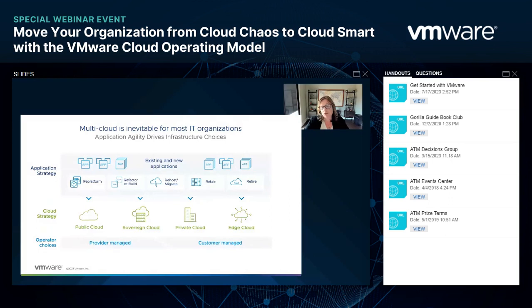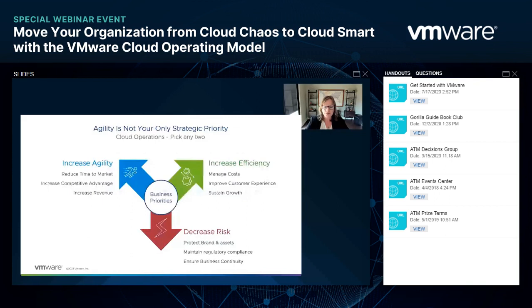Some of them you're just going to want to migrate as is, lift and shift essentially. Some will just stay as they are until they die on the vine, and some will be retired or moved into a SaaS solution. So you're going to have a variety of different solutions and strategies for these different applications.